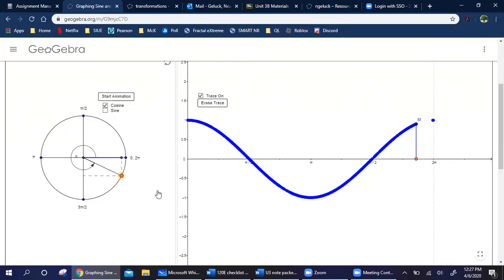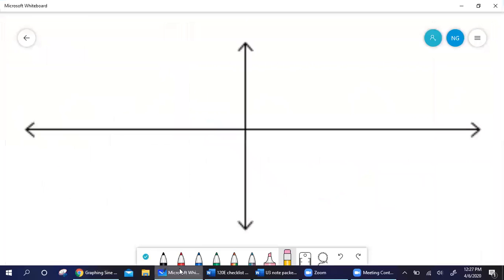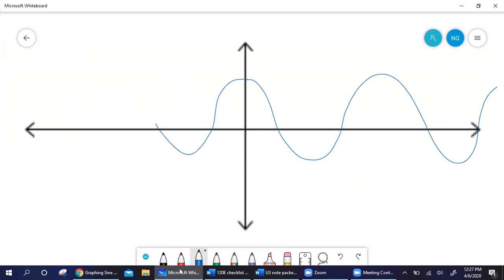And cosine goes back to 1 as we get to 2 pi. Now again, this would just keep repeating itself over and over again, but it does actually keep going. So just like the sine does, cosine repeats its wave over and over and over again. Goes on forever in both directions.